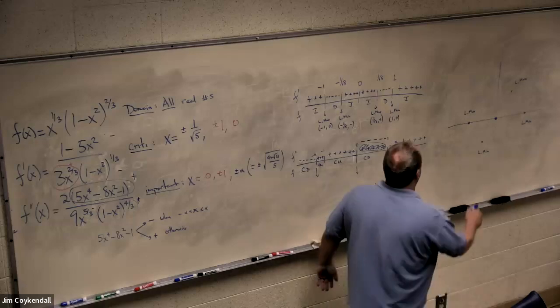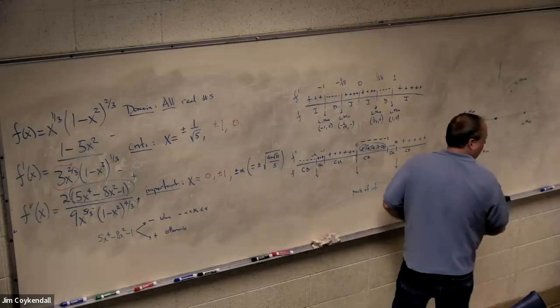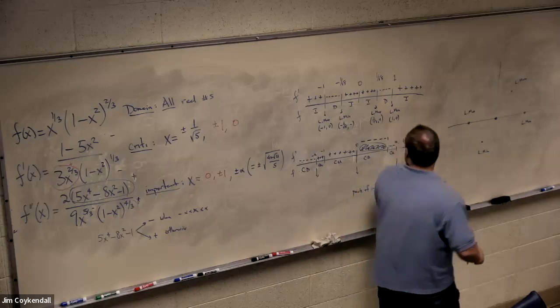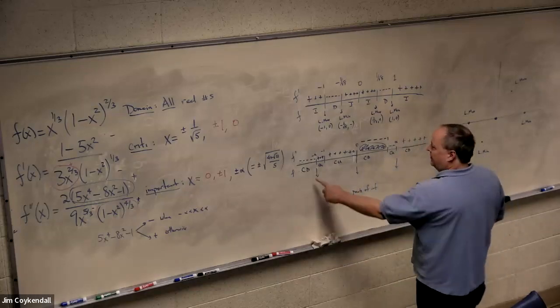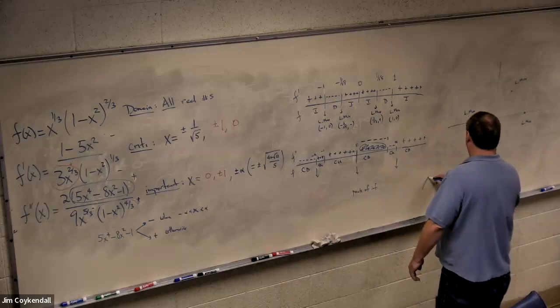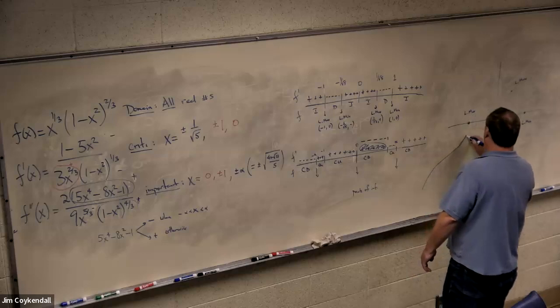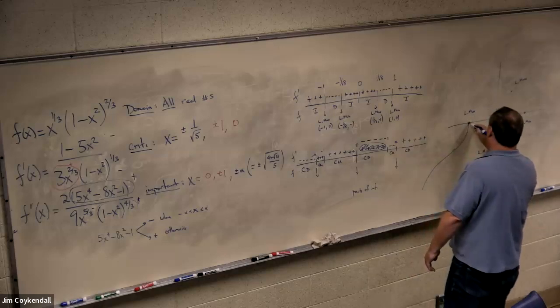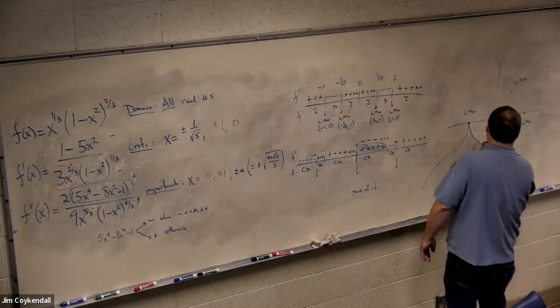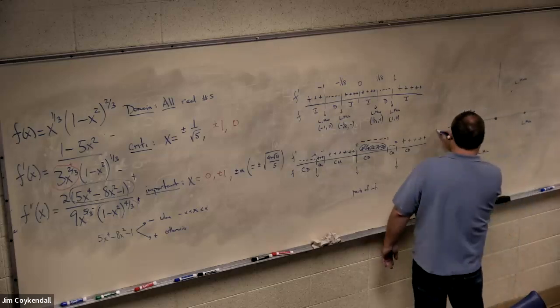It should go up to the local max and then down, and the derivative doesn't exist. My concavity is down, and then it changes up at the last minute. Then it comes down.